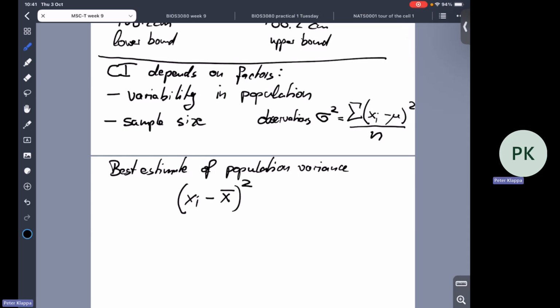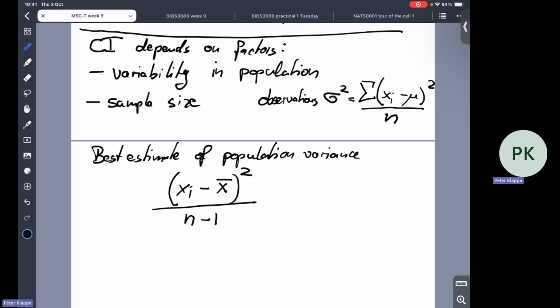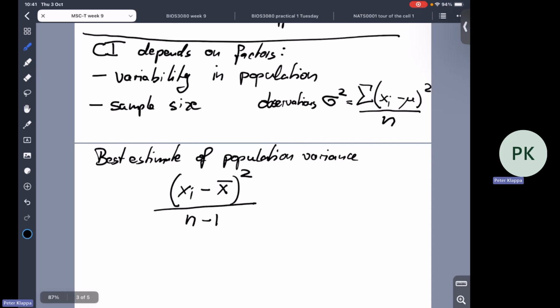I square it. But instead of dividing it by n, the sample size, I divide it by n minus 1. And that actually turns out to be a pretty good estimator for the population variance. It works pretty good. This now is the estimated population variance, and it is usually abbreviated as S square.